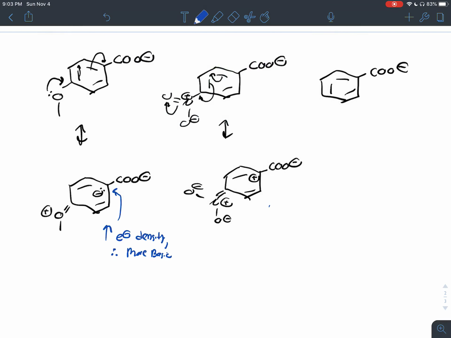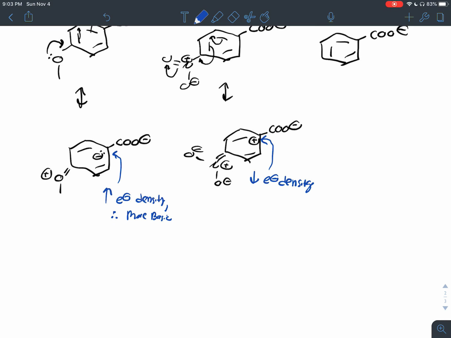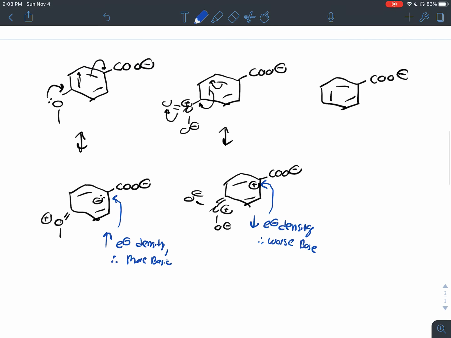But here, we have decreased electron density. The positive charge pulls away electrons from the carboxylate, and if it pulls away electrons, it makes it less electron dense. It makes it a worse base. And this one is smack dab in the middle.